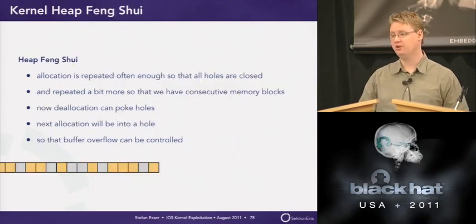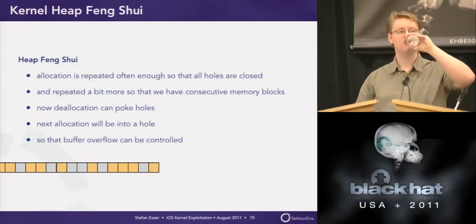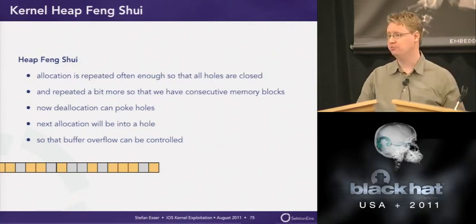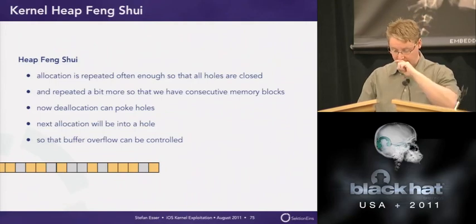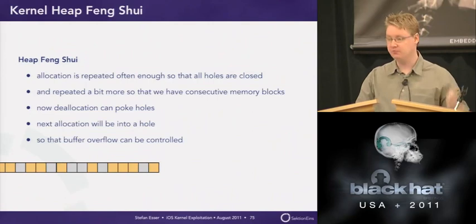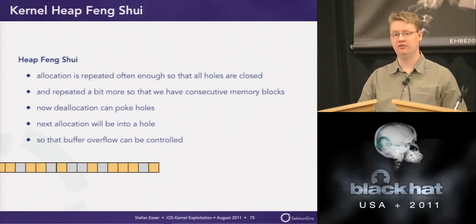And now you do something called heap Feng Shui. I guess most people know that. It's a term created by Alex Sotirov, and it basically describes how to get a heap into a controlled state from an unknown previous state.